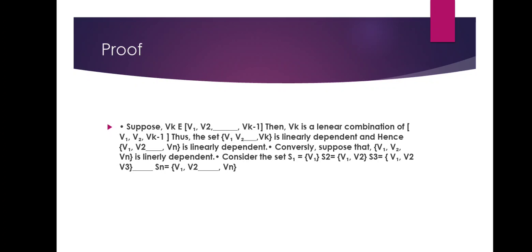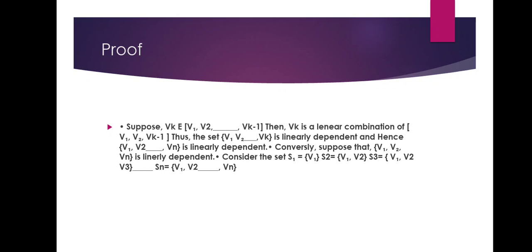Conversely, suppose that v1, v2, ..., vn is linearly dependent. Consider the sets S1 = {v1}, S2 = {v1, v2}, S3 = {v1, v2, v3}, ..., Sn = {v1, v2, ..., vn}.